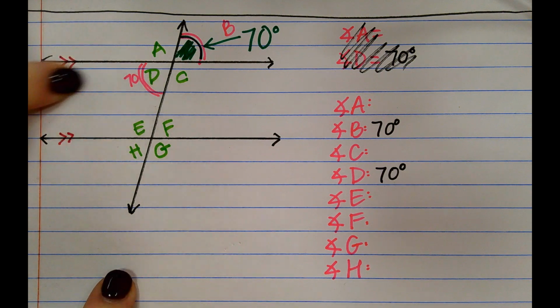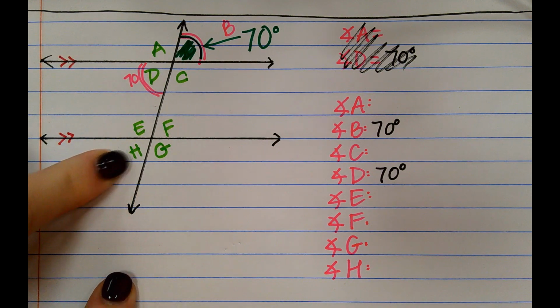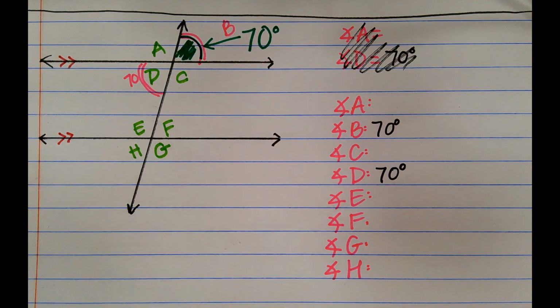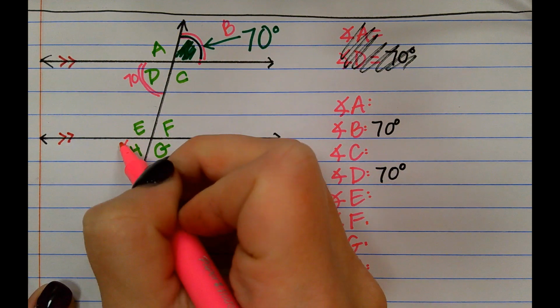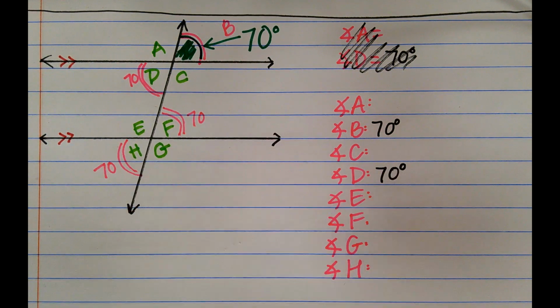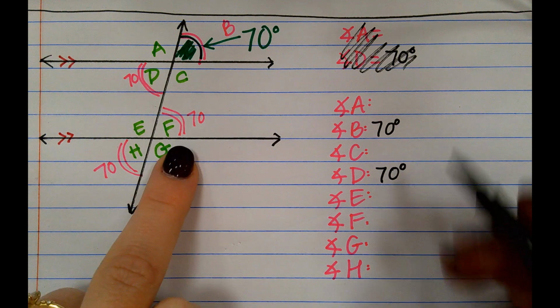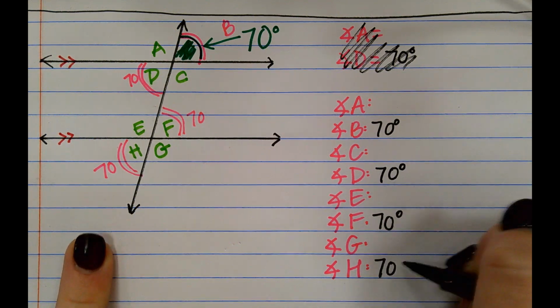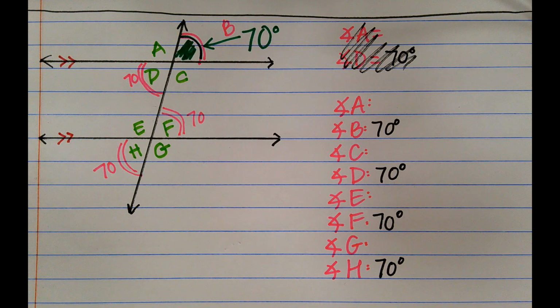D corresponds to H, and B corresponds to F. So these are also 70. 70, 70. So let's put that in. F and H, 70. Okay. So we have half of our angles found.